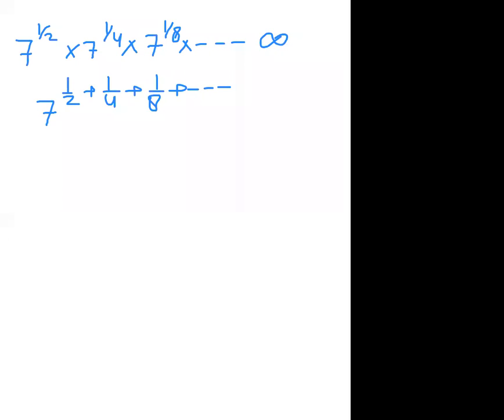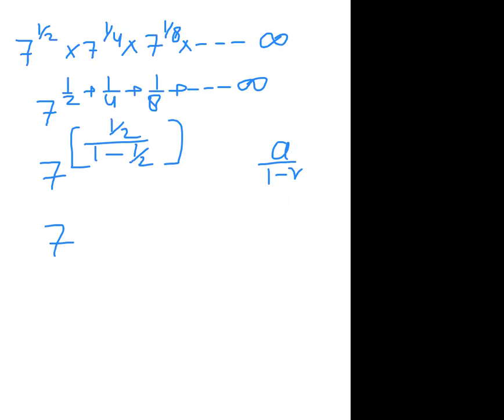So this infinite GP we need to simplify. The sum of an infinite GP will be a upon 1 minus r. A is 1 by 2 upon 1 minus r. By chance, r is also 1 by 2. So 7 to power 1 by 2 upon 1 minus 1 by 2, which is 1 by 2. So it will be 7 to power 1, that is 7.